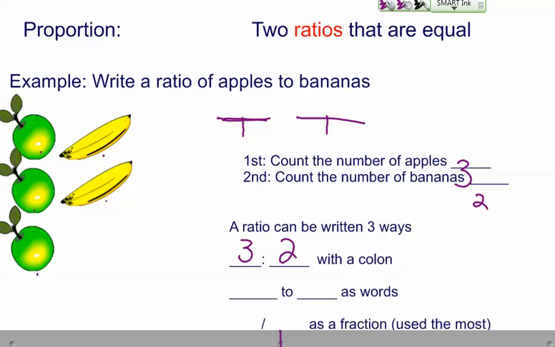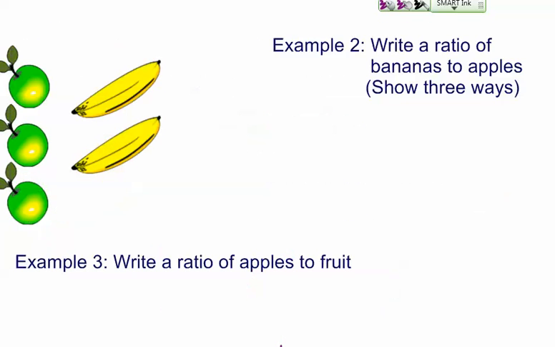Or as words, 3 apples to 2 bananas. Or as a fraction, 3 to 2. That looks like this. This is the way you'll probably see most often. That's an improper fraction because the top number is bigger than the bottom, but that's okay because we're comparing apples to bananas.